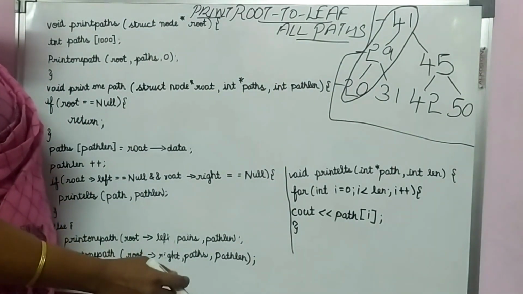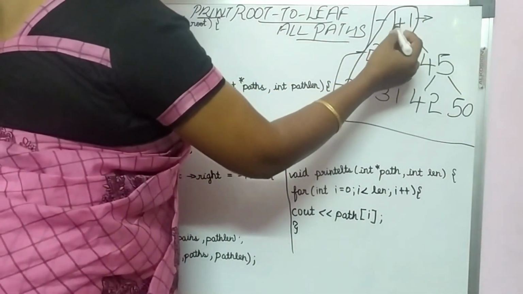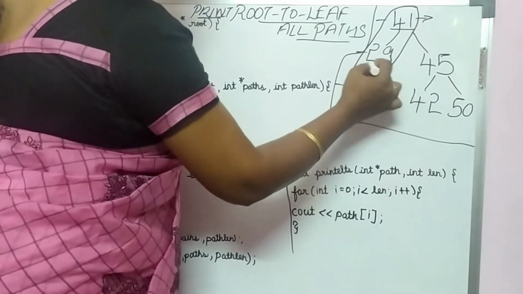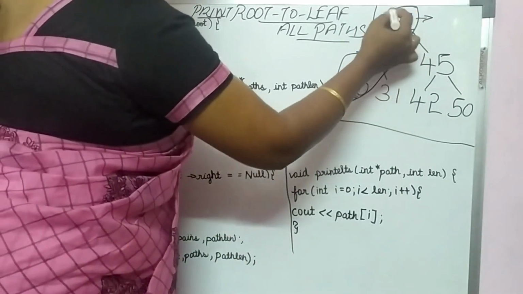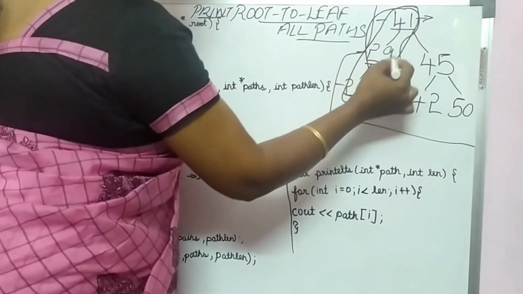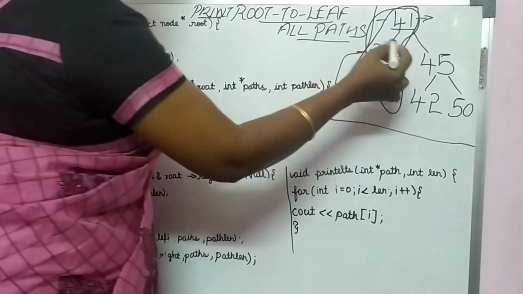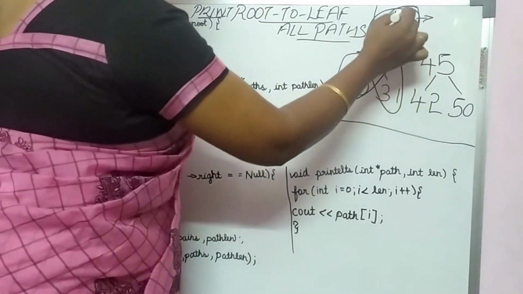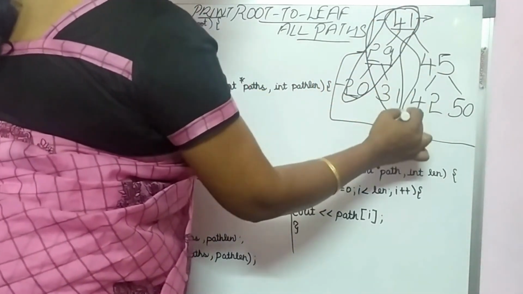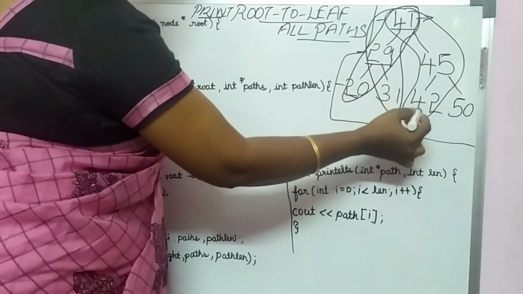Let me trace how the code works now. We consider this as the first path. In the first path the values considered are 41, 29 and 20. If you take the second path, the values to get printed are 41, 29 and 31. Similarly, to trace the third path, it is already a well constructed tree, so the values that should get printed are 41, 45 and 42.